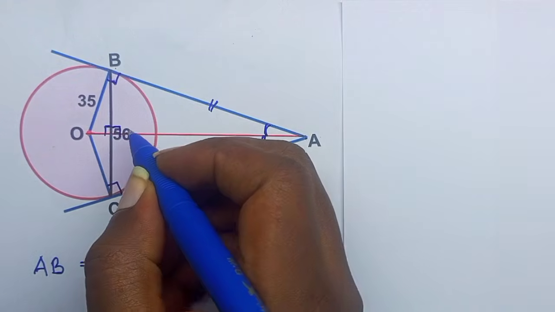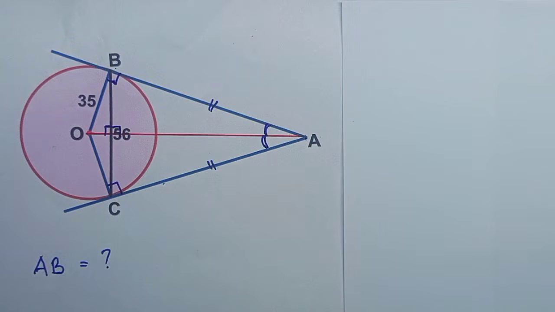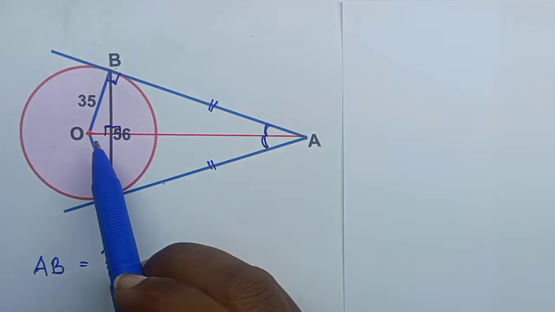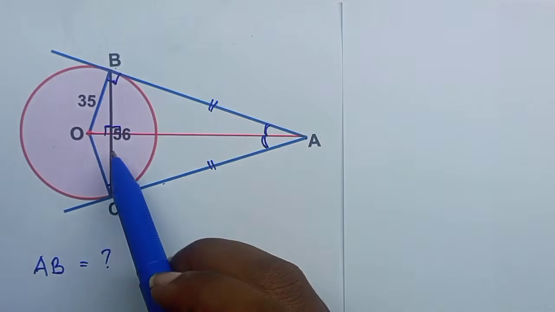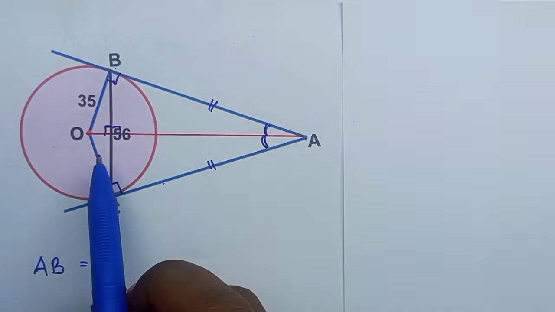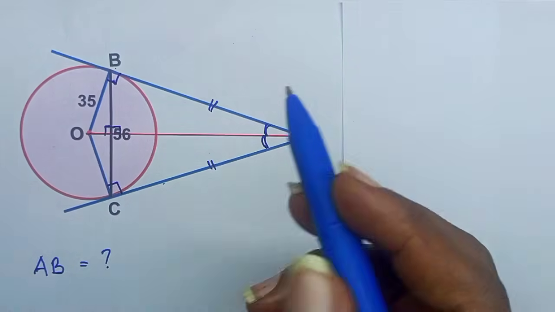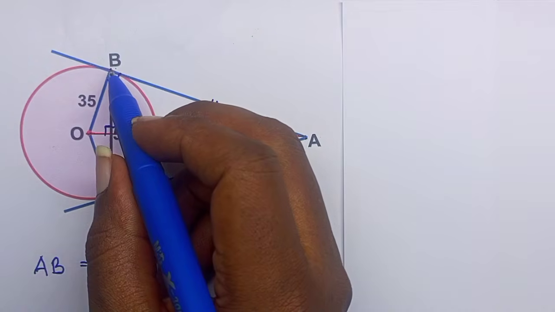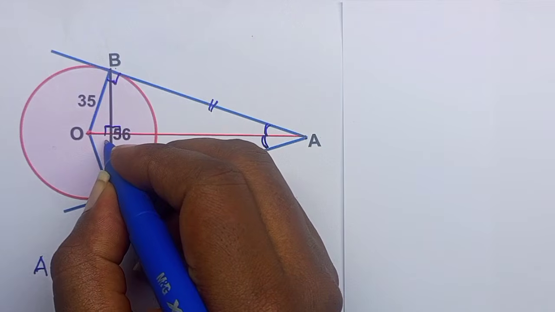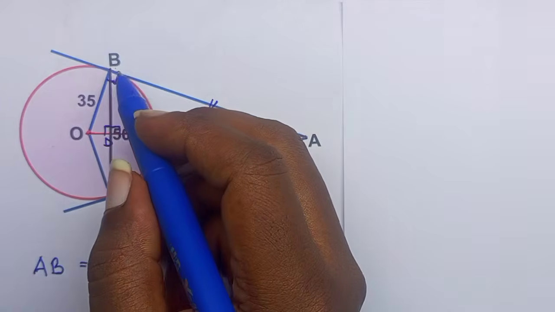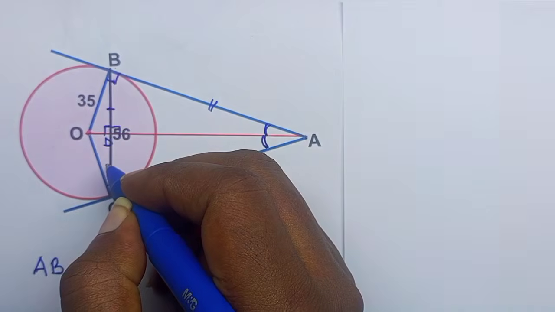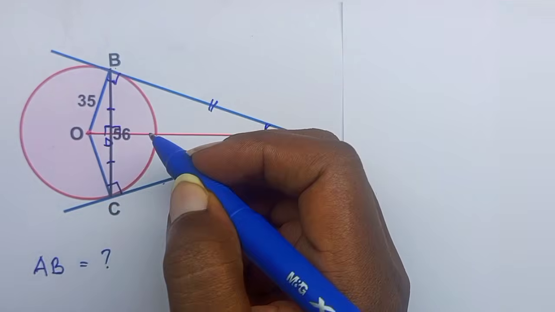This is 90 degrees. Now, you have to note that this line here, BC, has been cut into two equal parts by the line OA. So that implies that, let me call this point D, BD is equal to DC.